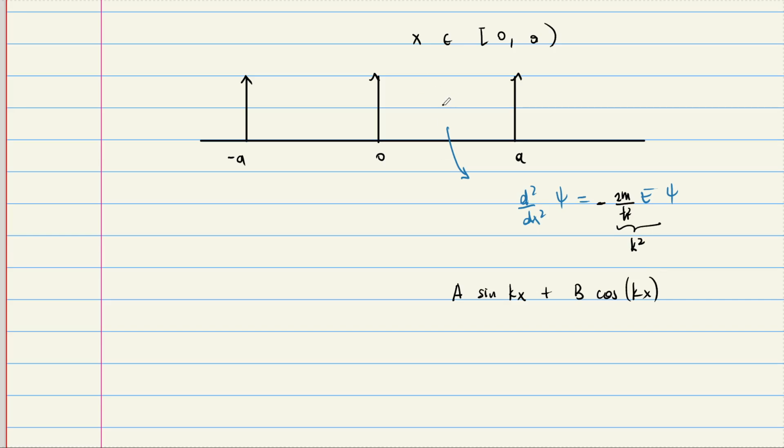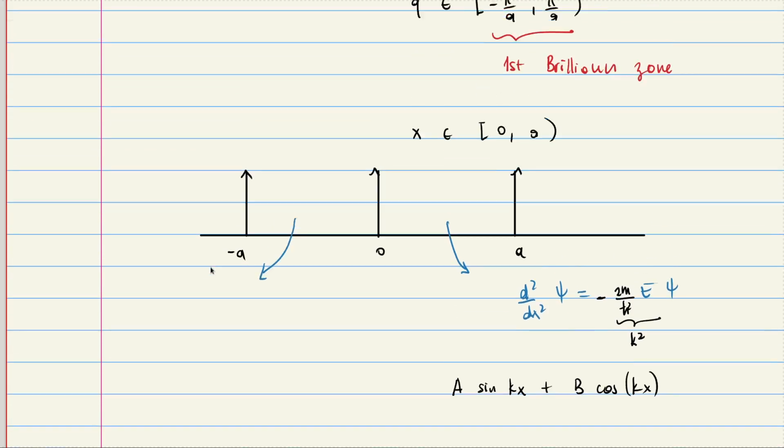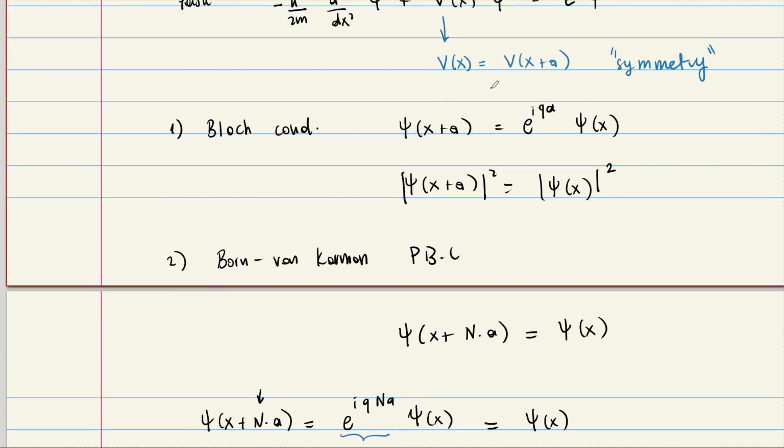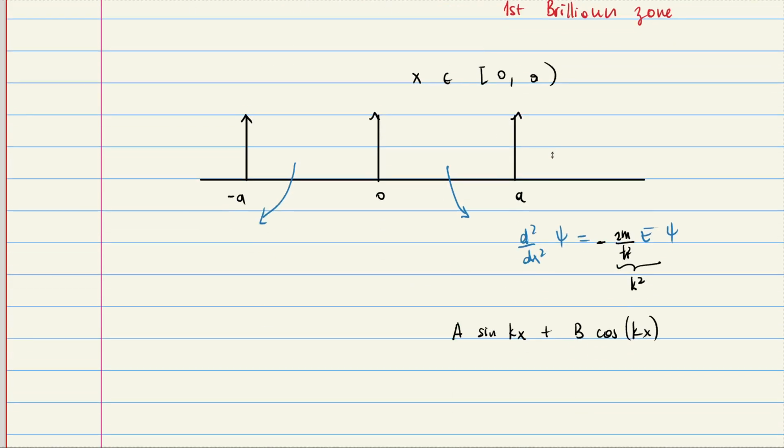Good. Now we also need to solve this region, but rather than solving there, we can just use this condition, right? This condition is given to us. So let me just copy. Then whatever solution I found here, I can translate it to here.